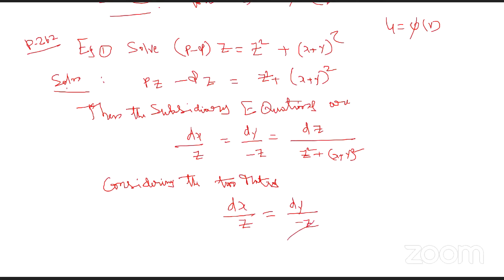So z gets cancelled and we get dx equal to minus dy. By taking integration on both sides, we obtain x equal to minus y plus c1. This can be written as x plus y equal to c1.